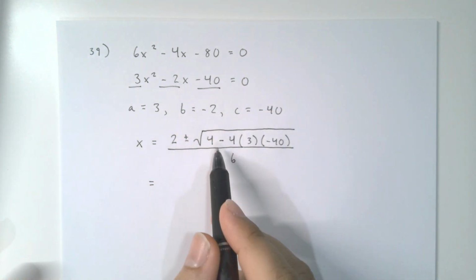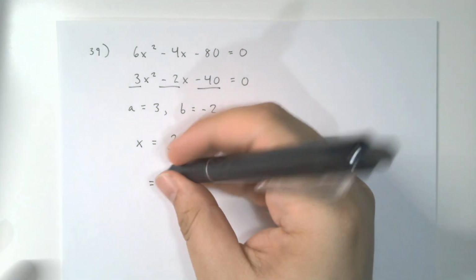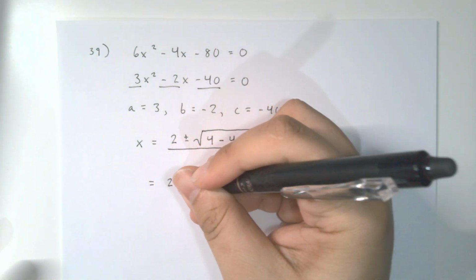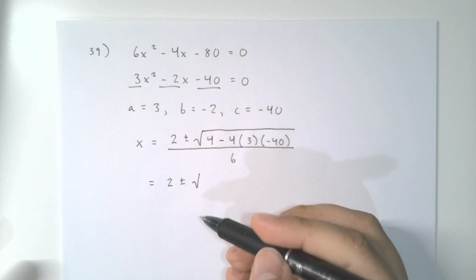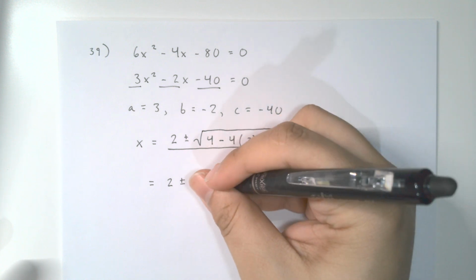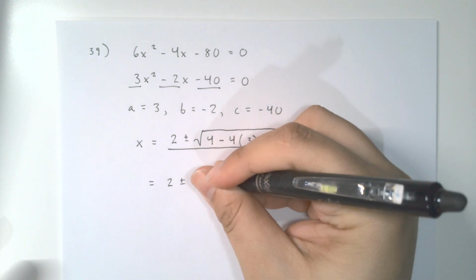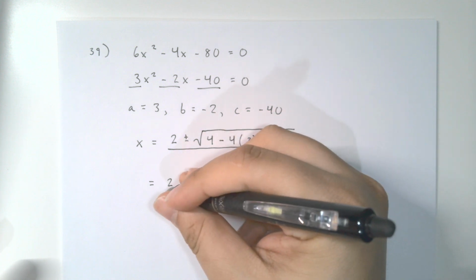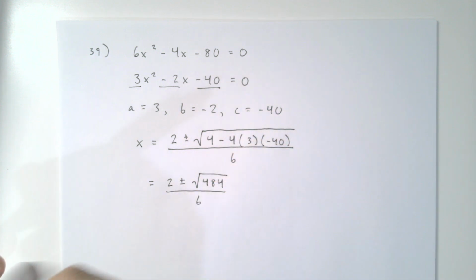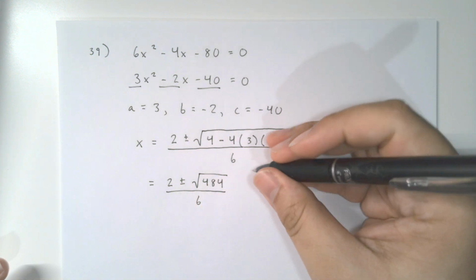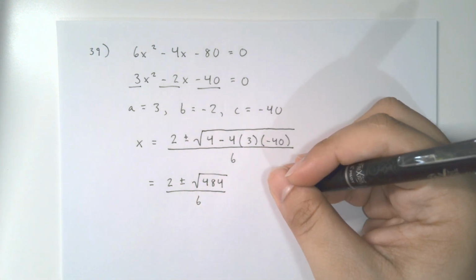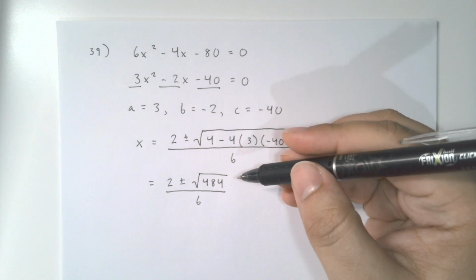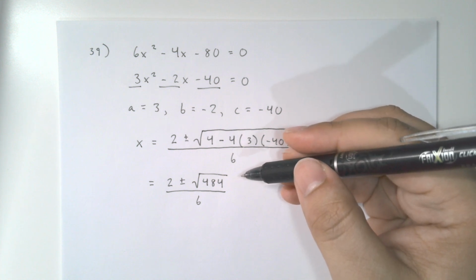And so putting our discriminant into our calculator, we'll have 2 plus or minus the square root, and in our calculator, this is going to give us 484 all over 6. Something that's useful to do when we have big numbers is just take the square root of it in your calculator.